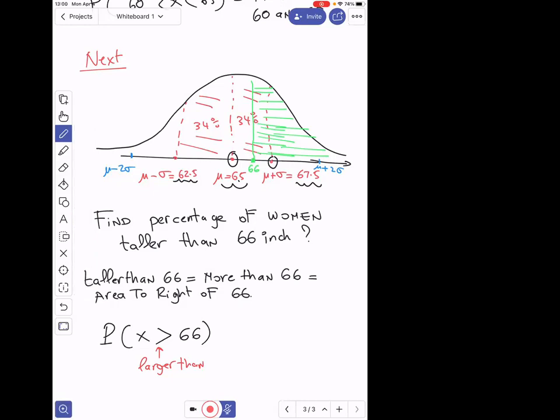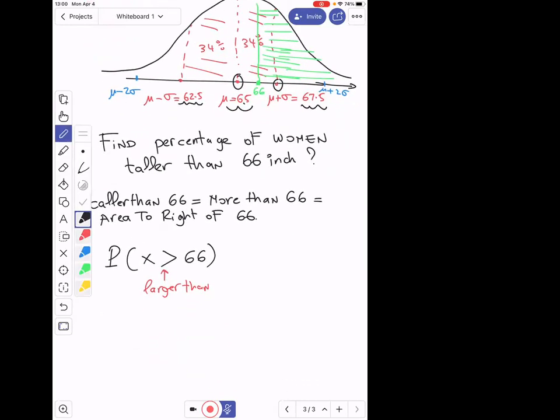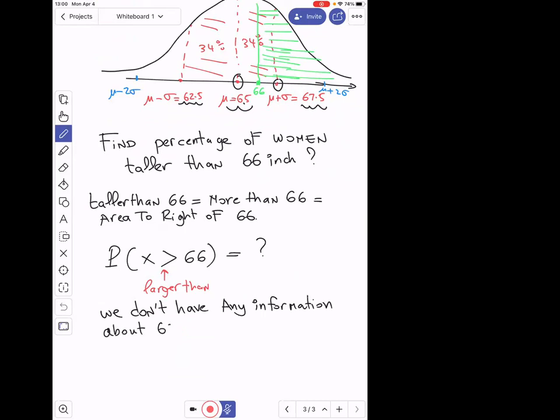Of course, we're going to try to solve this problem in the next section. Here, this is a problem because we don't have any information about the 66 inches.